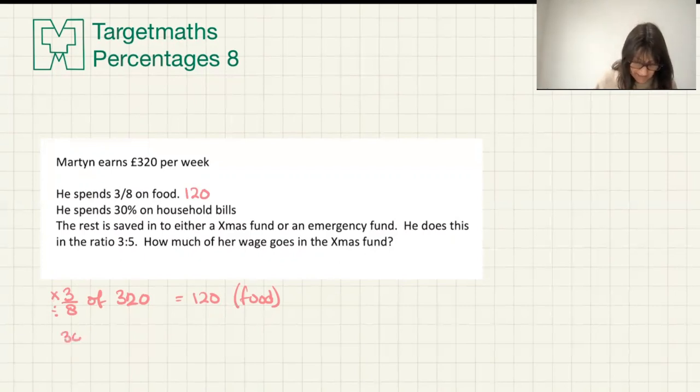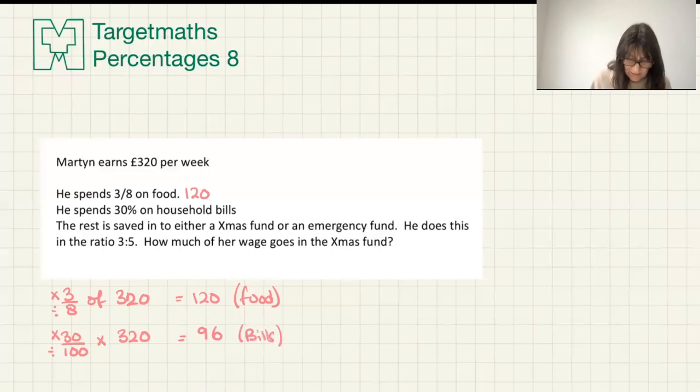Now, 30% can be written like that. And again, if you've got a calculator, you're literally just going to throw it in the calculator. If not, again, you can divide by the bottom, times by the top. 3 lots of 320, add the 0, divide through by 100. It isn't overly tricky, and you've got 96 going on the bills.